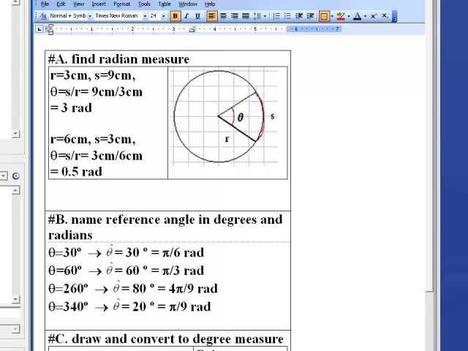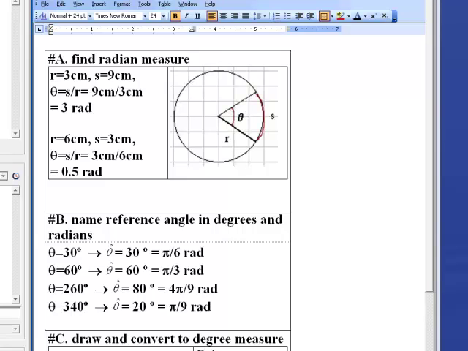Either one works. These are so easy that we can do them in our heads. We know that pi over 3 must be 60 degrees. And of course, besides that we have that memorized, we can see that the pi is canceling, and then 180 divided by 3 is 60.